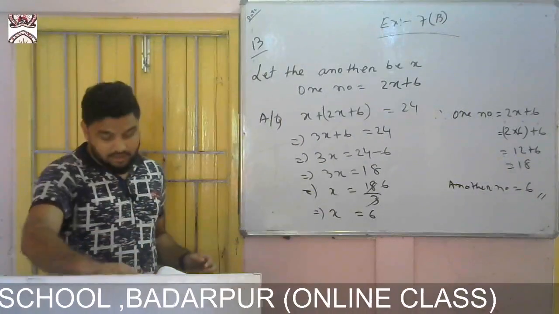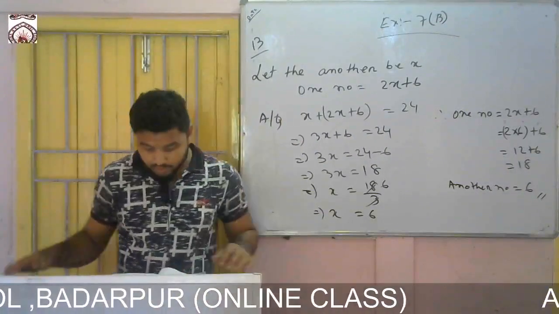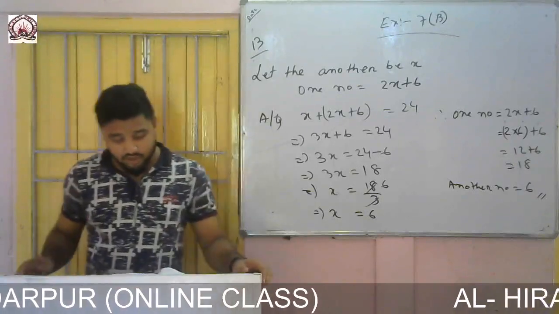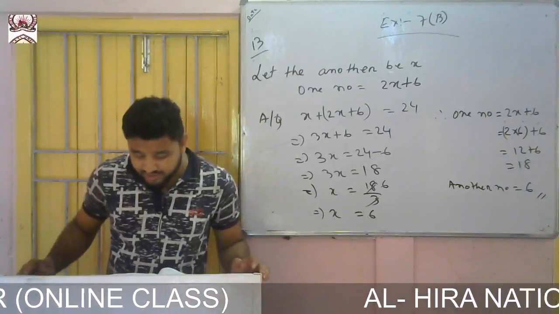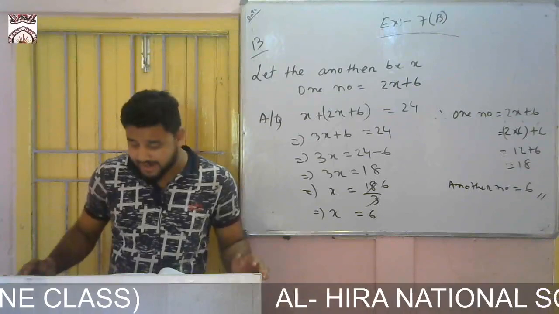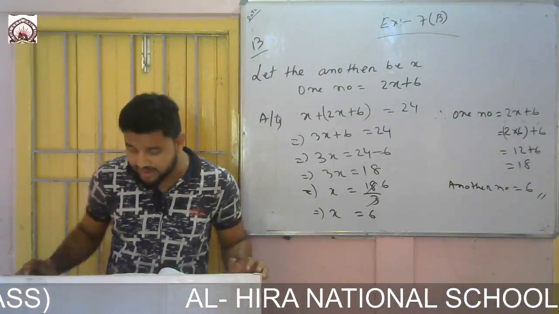Now come to question number 14. 4 times Sonu's age decreased by 3 is equal to 3 times his age increased by 7.